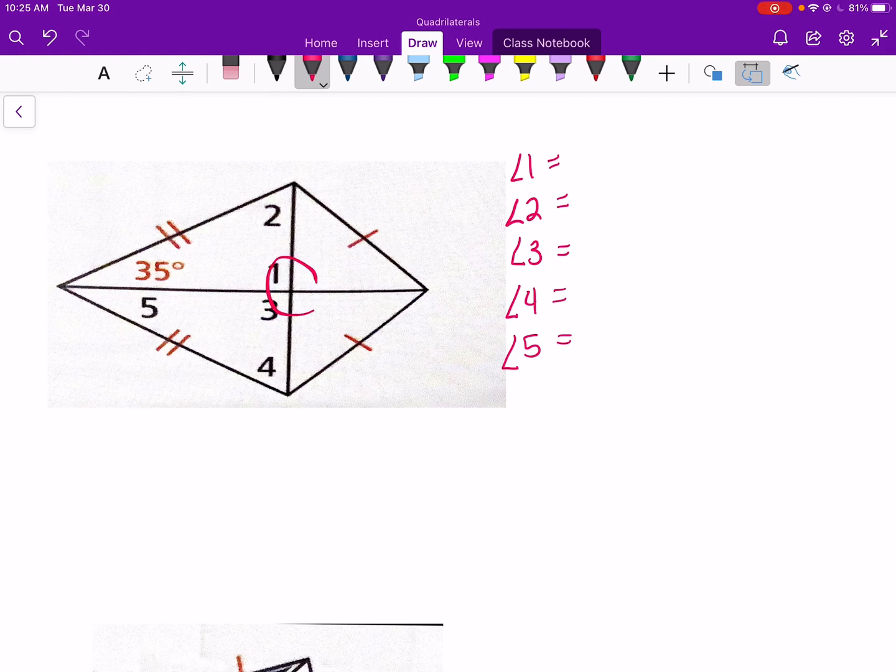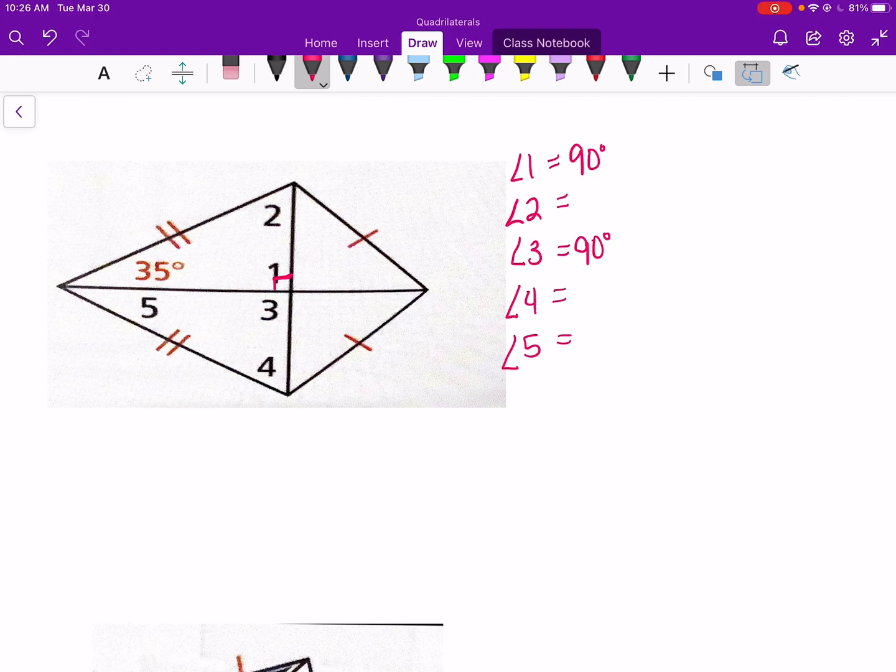So I know that all 4 of these angles at my intersection are all 90 degrees. So that means angle 1 is 90 degrees and angle 3 is 90 degrees. Finding the angles where your diagonals meet is always a good start because you always know that they are 90 degrees.